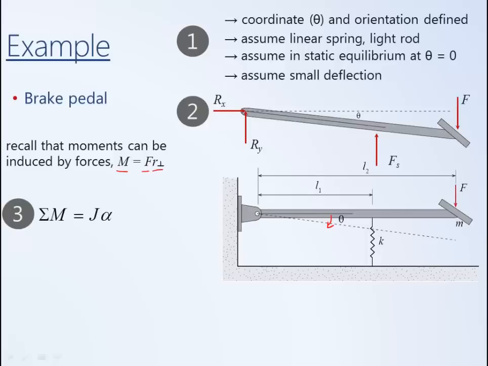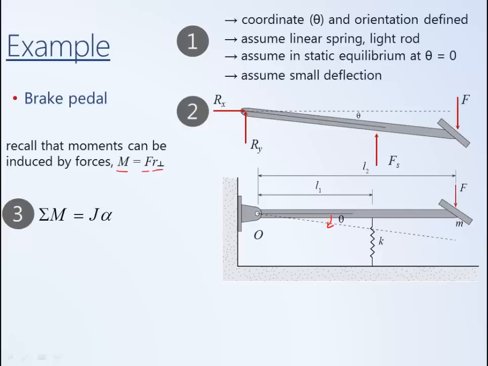So we will also now go ahead and generate the differential equation governing the behavior of this system. Since it's rotational, we'll use the sum of the moments equation, where the sum of the moments is equal to J times alpha, where J is the mass moment of inertia of the pedal and alpha is the angular acceleration of the pedal. We will choose to use the connection point O as our reference point.